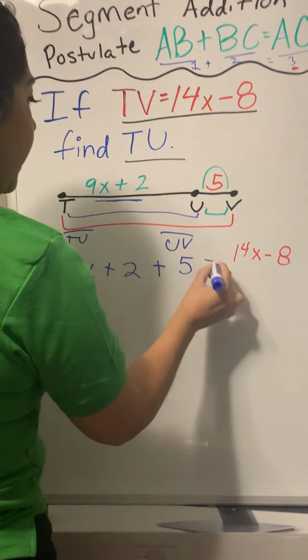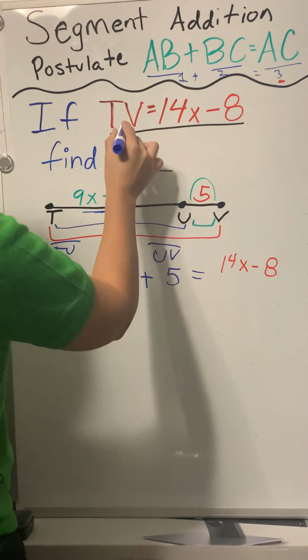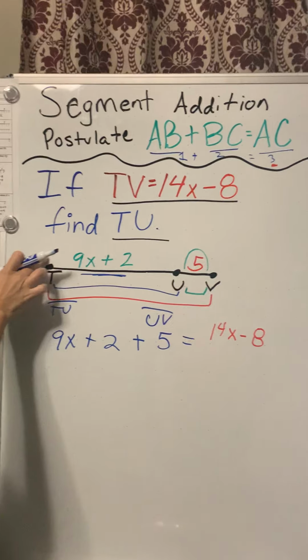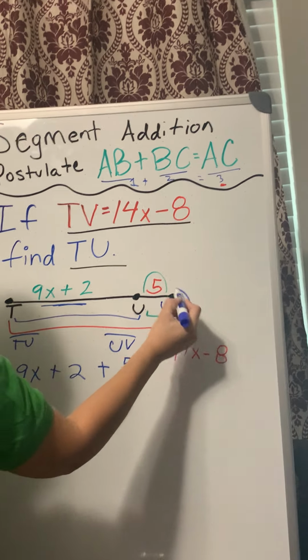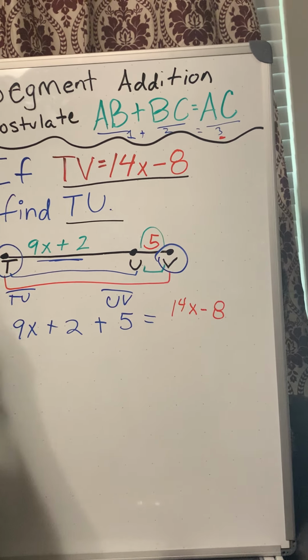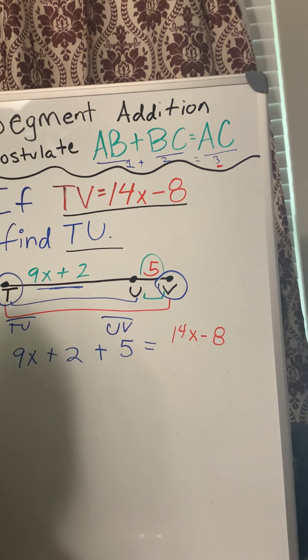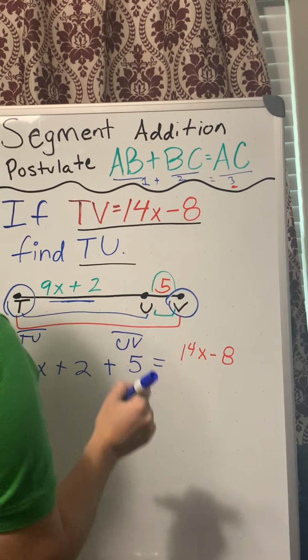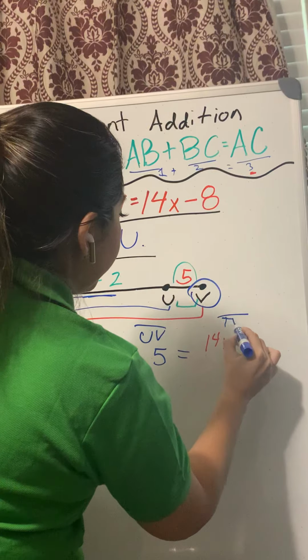And we know it equals our total, which is TV, point T to point V. Let me circle it. TV equals 14x minus 8. So let's label it.